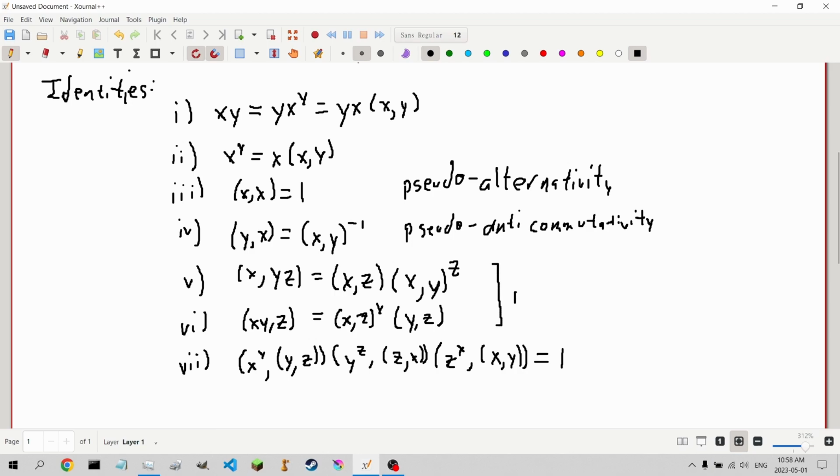These two are pseudo linearity, and this here is pseudo Jacobi identity. I'm making these words up, so I can just call it whatever I want, right?